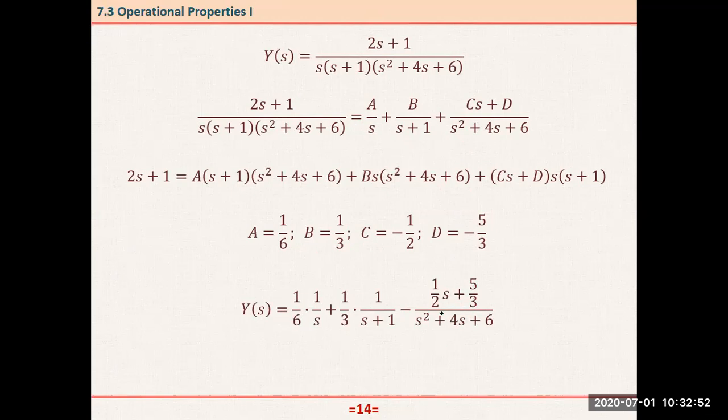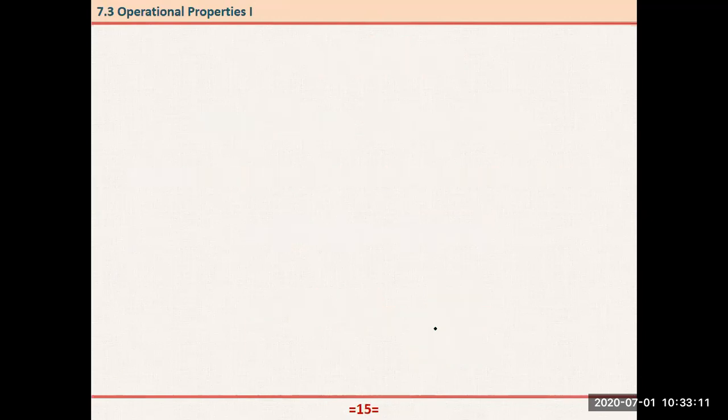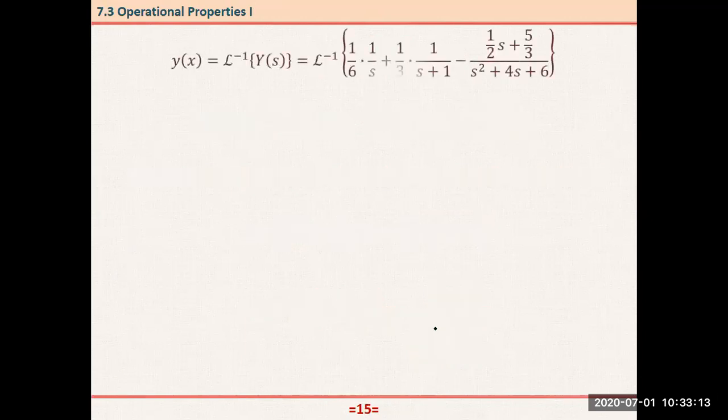And also, we are familiar with this quadratic expression. We can just write it as s plus 2 squared plus 2, right? And also here, since I have s plus 2, I try to have s plus 2 in the numerator. Just doing simple algebraic manipulation, I can get this thing.